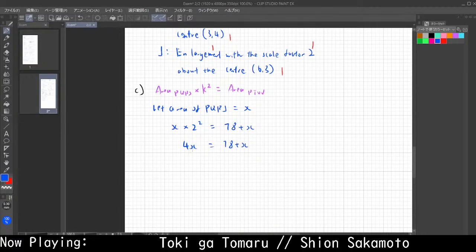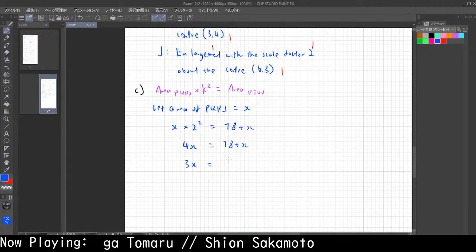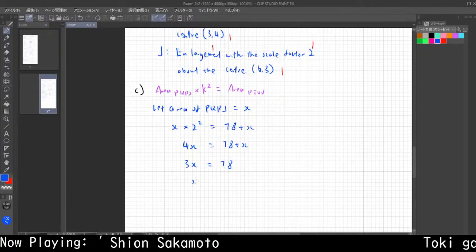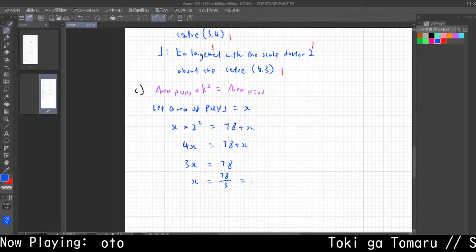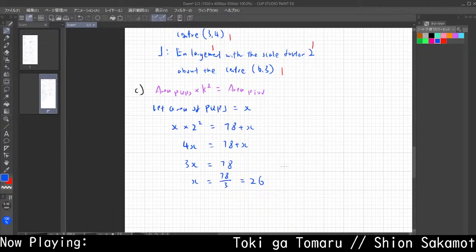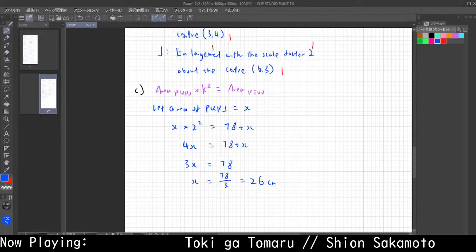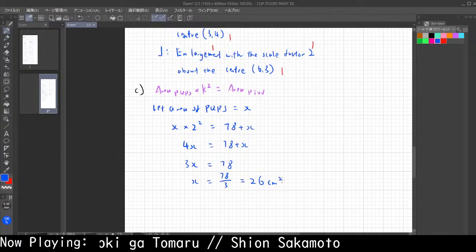The x you bring over to the other side. 4x minus x is 3x. 3x equals 78. And then you bring your 3 over to the right. So x equals 78 over 3. Therefore, you will get 26. Don't forget the unit. The unit is cm squared. Double check. Yes, this will be the answer.